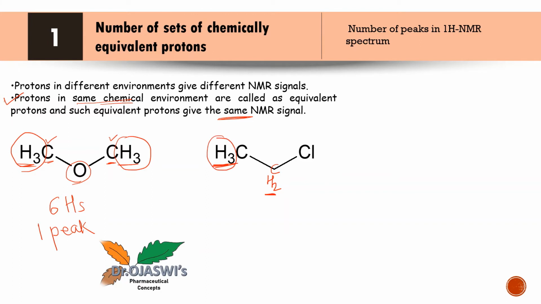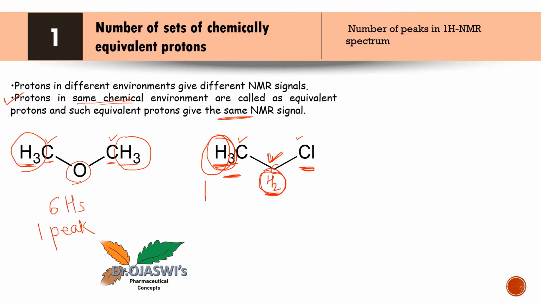Because these 3 are attached to this carbon atom, whose adjacent carbon is CH2 and Cl, and these 2 hydrogens are attached to this carbon which has chlorine on one side and CH3 on the other side. So the neighborhood of these 3 protons and these 2 protons is different, meaning they are in different chemical environments.